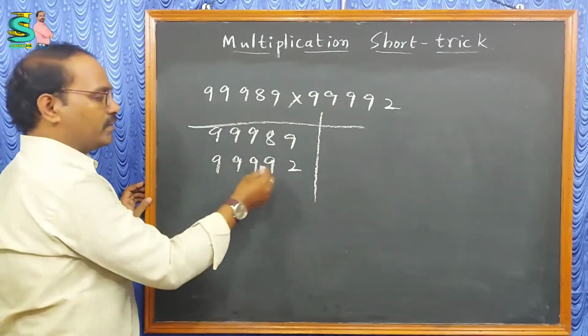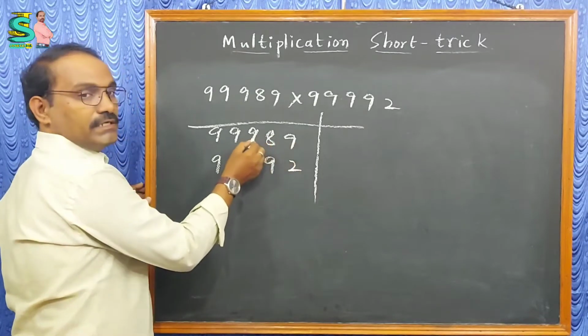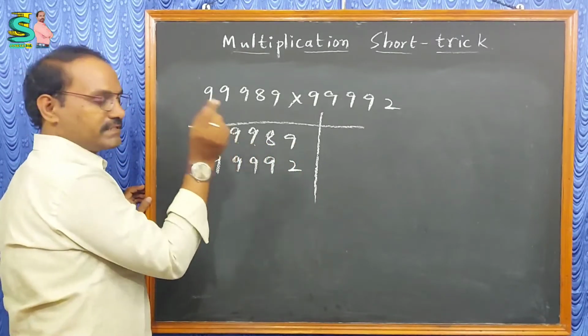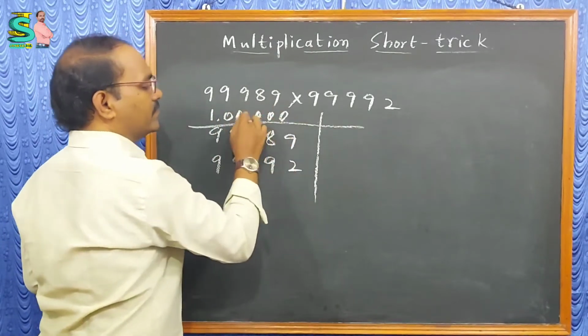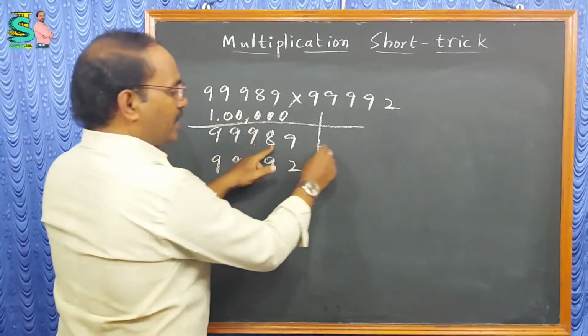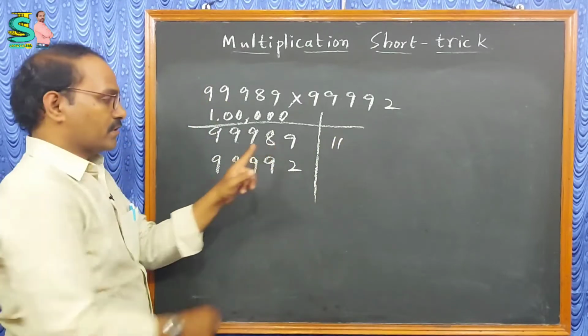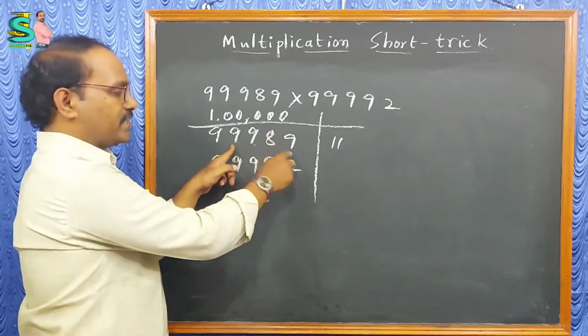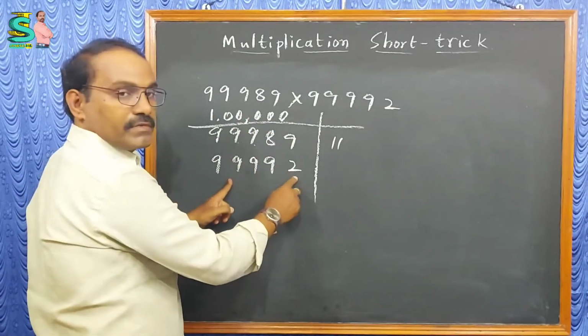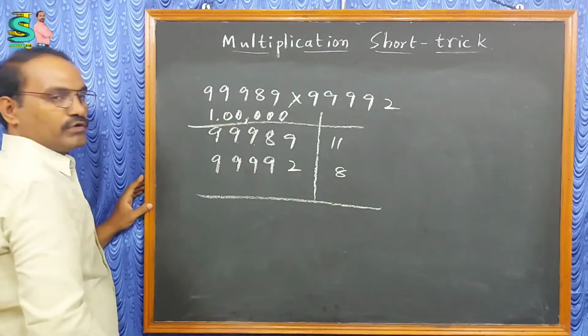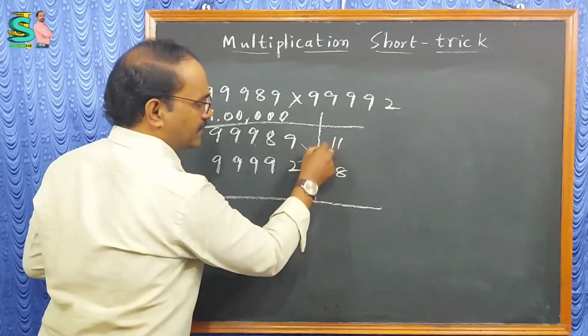It is near to ones, tens, hundreds, thousand, 10,000. It is near to lakh. So that 5 zeros you will get. Now here 11, you should subtract from this. It is near to 1 lakh.